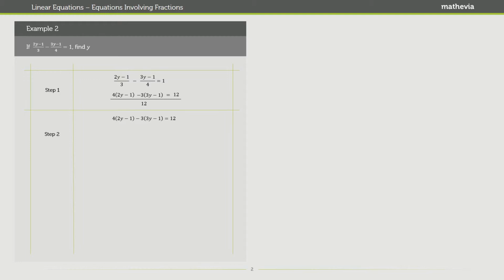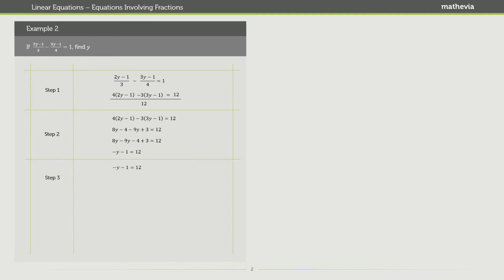You just extract the information you have up there, and basically you have 4 multiplying 2y minus 1 minus 3 multiplying 3y minus 1 equals 12. From this point on we're just going to simplify that. Collect like terms, and we have minus y minus 1 equals 12.